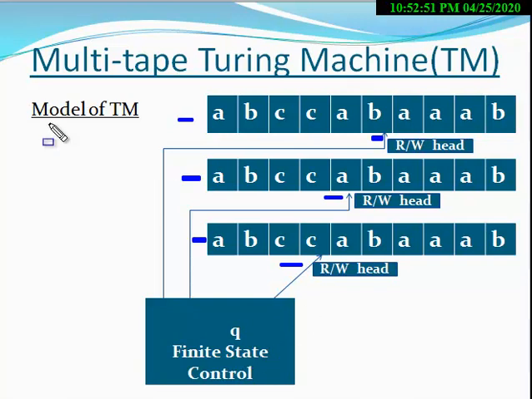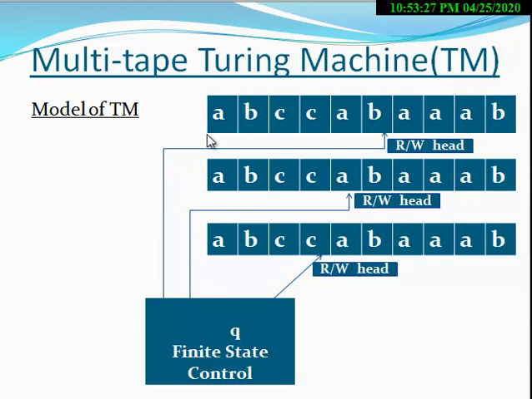So this is the complete model of a multi-tape Turing machine. The capability of a multi-tape Turing machine is more than a single tape Turing machine, that is, the power of a multi-tape Turing machine is greater than that of a single tape Turing machine.